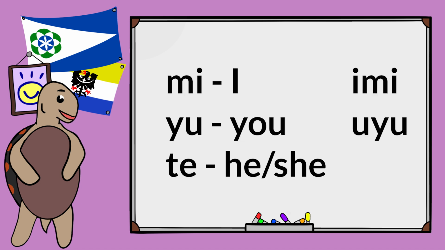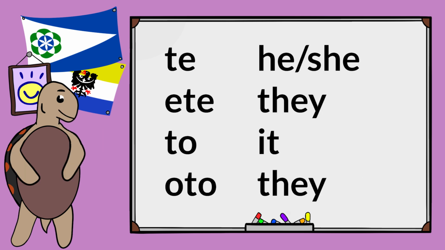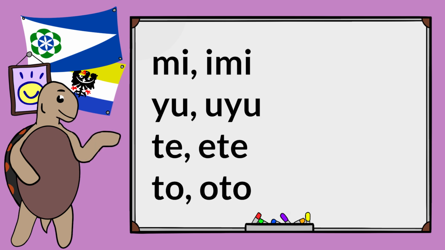If you look at the pattern, what is they? Ete. Also we have to, it, and correspondingly otto, they for things. A bunch of words. You use te for animals and people and to for things. It's similar to he, she and it.